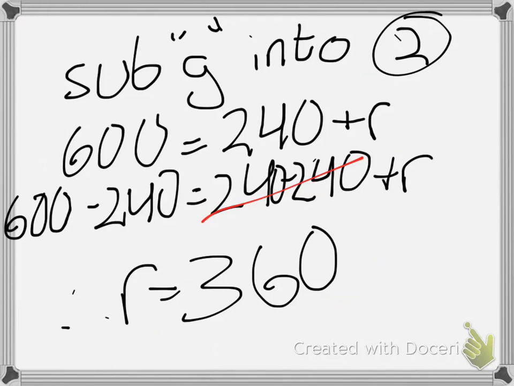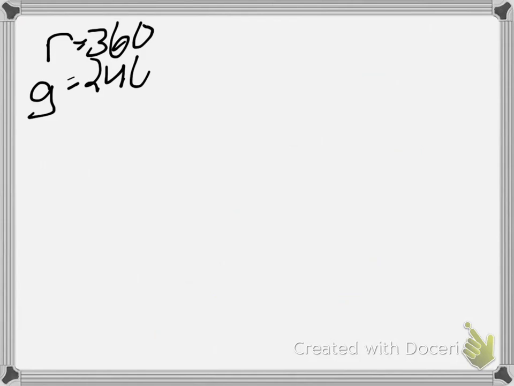After that, our therefore statement, because we've solved for R and G: R equals 360, G equals 240.